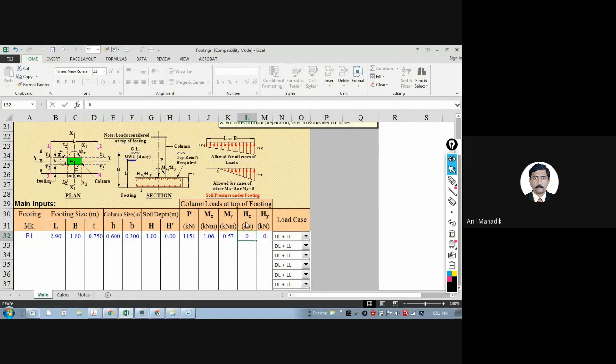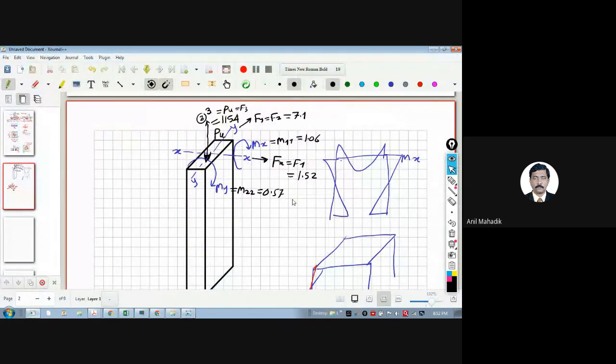Now here it is Hx, that is Fx. Along x, this is Hx, and this is Hy. Hx is 1.52 and Hy is 7.1.